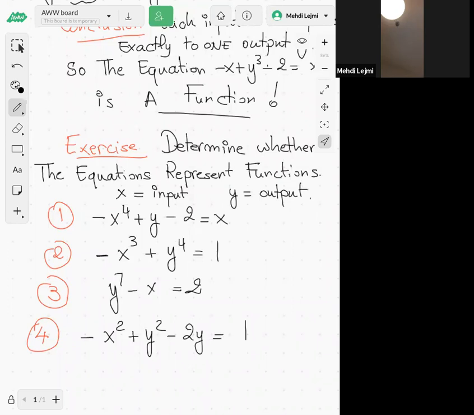And I know some of you probably have trouble solving the equations, right? Solving for y. So the idea is to move everything else to the right side and keep, let's say, y on the left side, right?